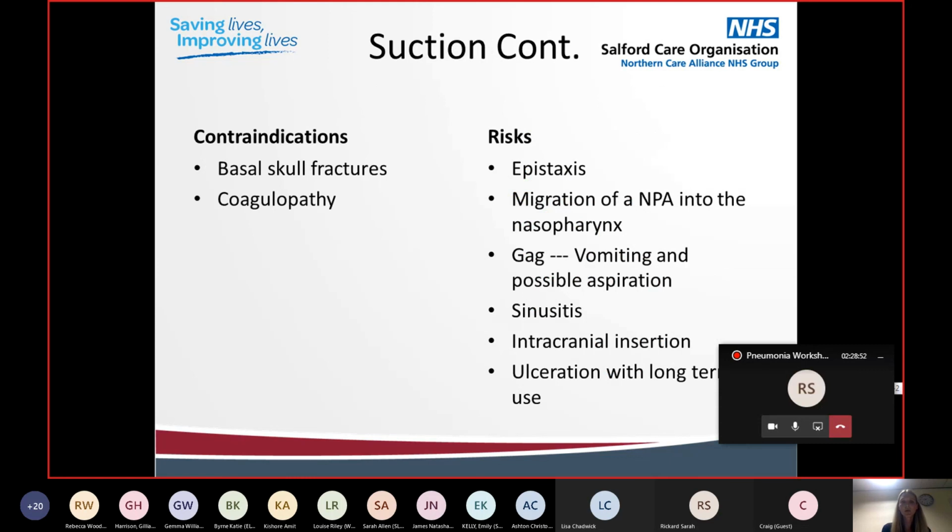We do need to think about contraindications and risk when it comes to suction. Basal skull fractures, I think we probably all know that one doesn't necessarily affect us usually within the stroke population, but certainly we do have patients that are anticoagulated and do have low platelets. Obviously, thrombectomies are on the rise.